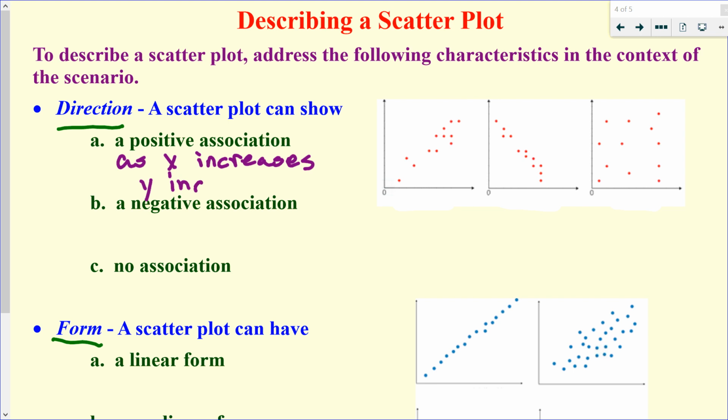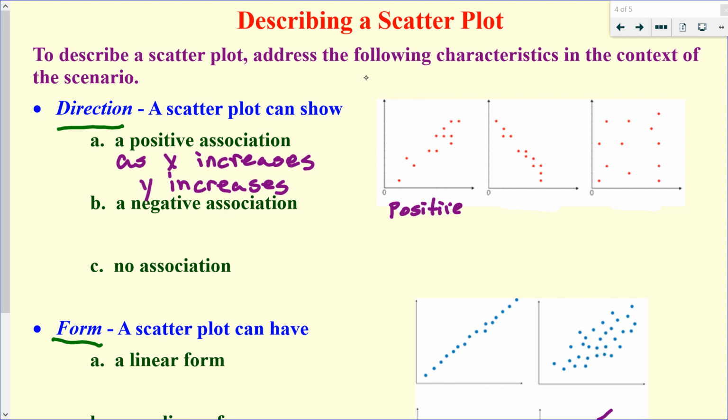So both variables are increasing. That's what we have here. This one is positive. And we can see that as we go further along the x's, we're going further up the y's.